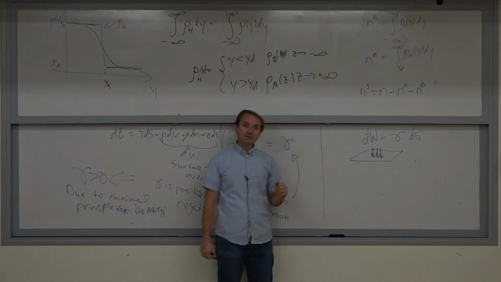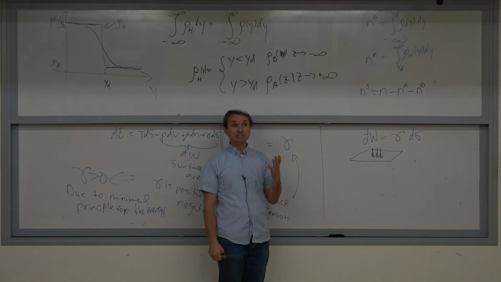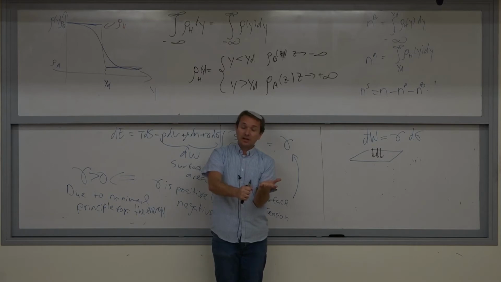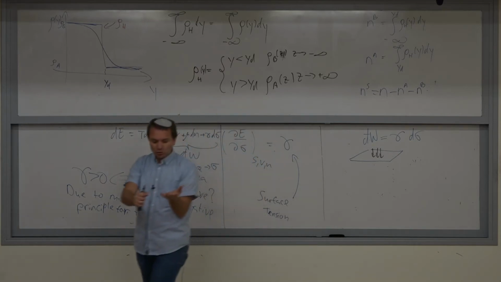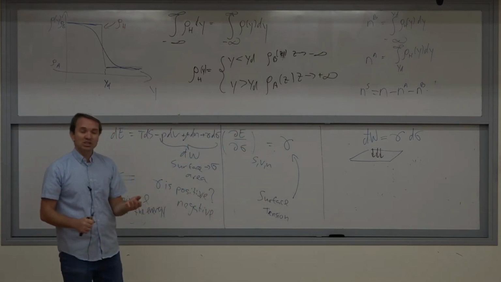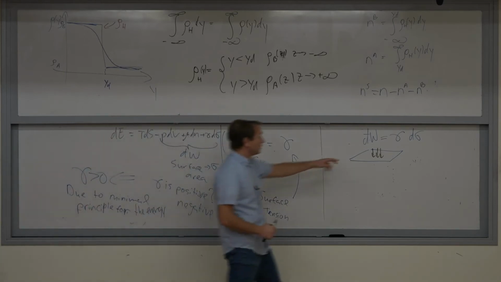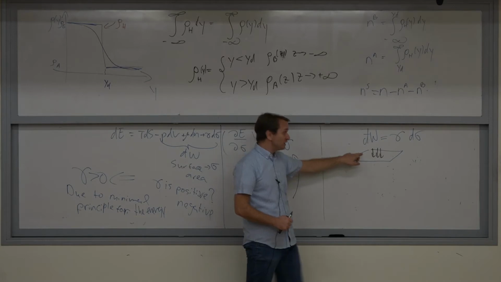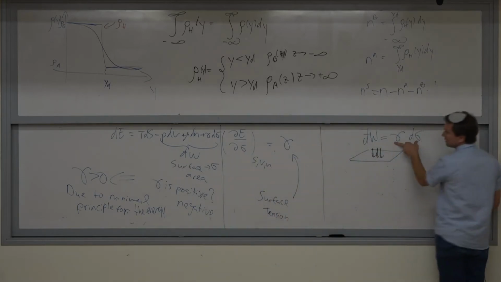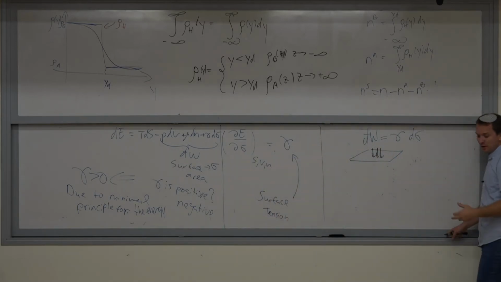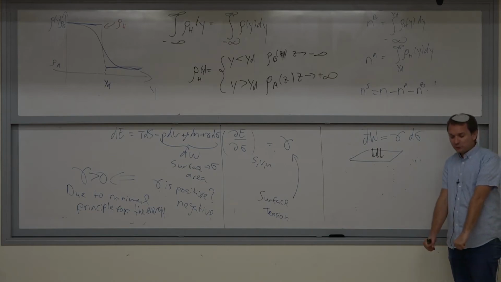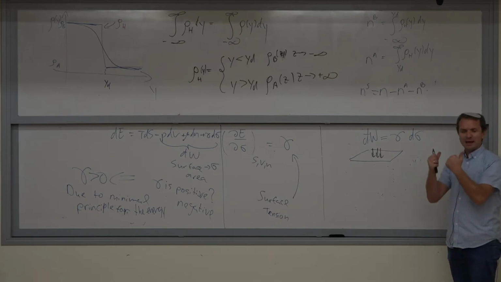I can think about it as some sort of an elastic sheet, and this elastic sheet will oppose any force that tries to perform local changes in its form. So this is why the surface tension is positive. I'm trying to change locally, to bend the surface a little bit. The surface opposes it and tries to push back.